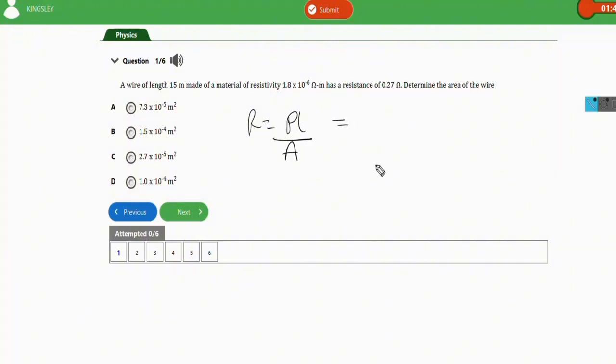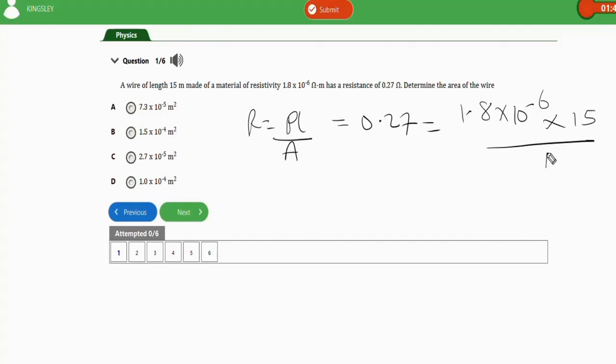The resistance is 0.27 equals, now the resistivity is 1.8 times 10 to the power negative 6, times the length is 15 over A. So when we cross multiply, we're going to have 0.27 A, being the area, equals 1.8 times 10 to the power negative 6 times 15.